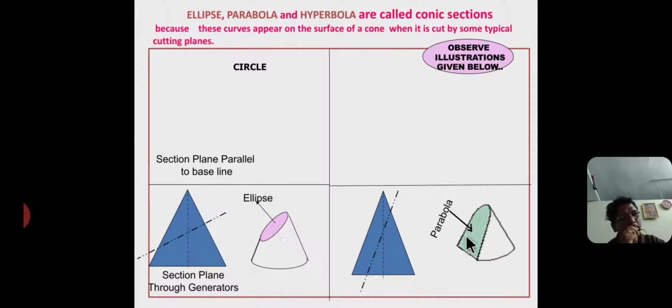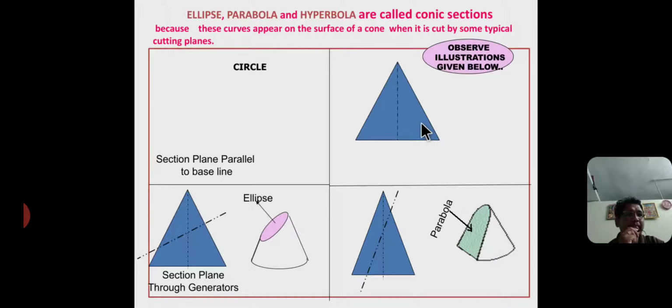The main difference between ellipse and parabola is the position of the cutting plane. In case of ellipse, the cutting plane cuts the generators only, but in case of parabola, the cutting plane cuts the base of the cone and one of its generators, and the cutting plane is parallel to one of its generators. This is the main difference between ellipse and parabola.